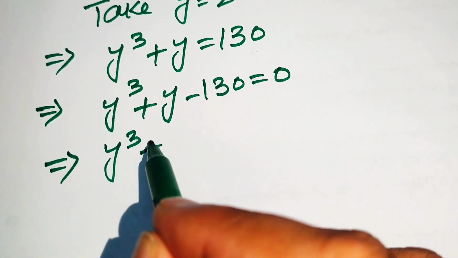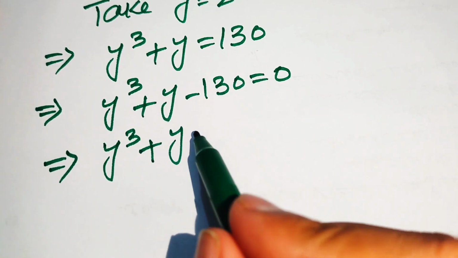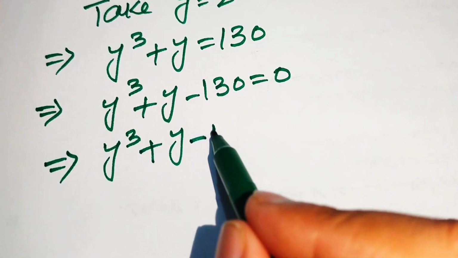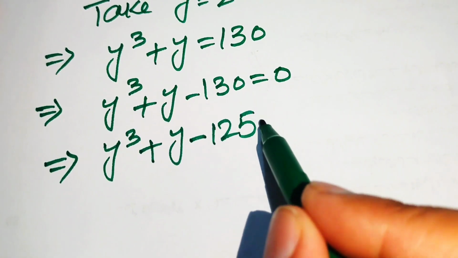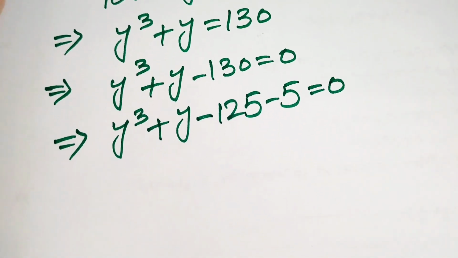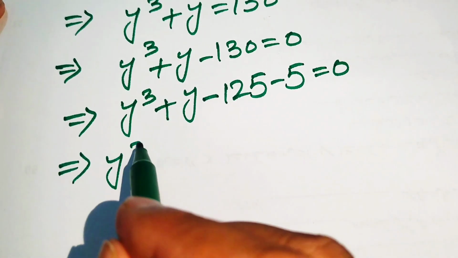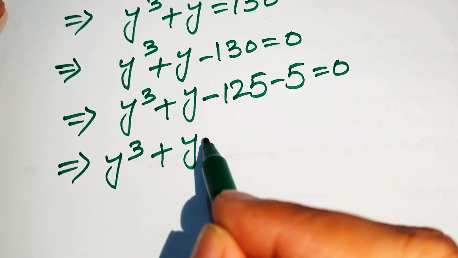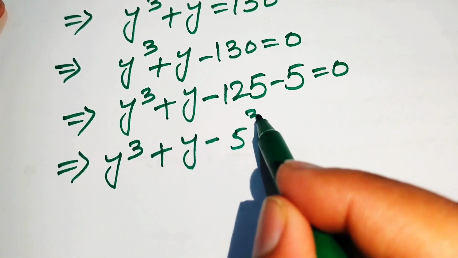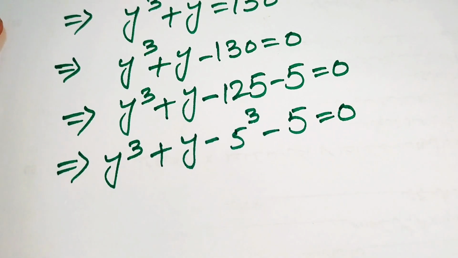First we focus on this minus 130, and we write it as minus 125 minus 5 equals 0. After that, we write this equation as y cubed plus y, and we write 125 as 5 cubed, minus 5 equals 0.